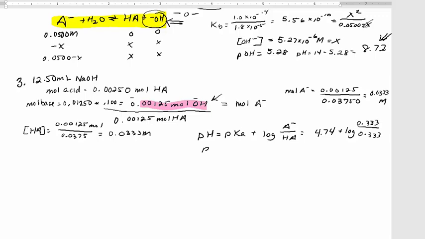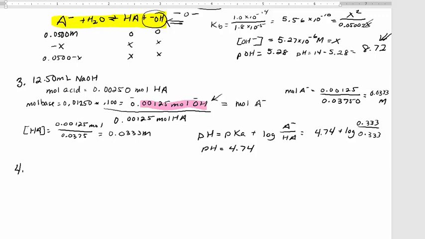So now I have pH is equal to 4.74. So the pH is equal to the pKa at this point. Now, it is important to note that the pH is not going to be equal to the pKa at all points before the equivalence point. It just so happened to work out with this one.